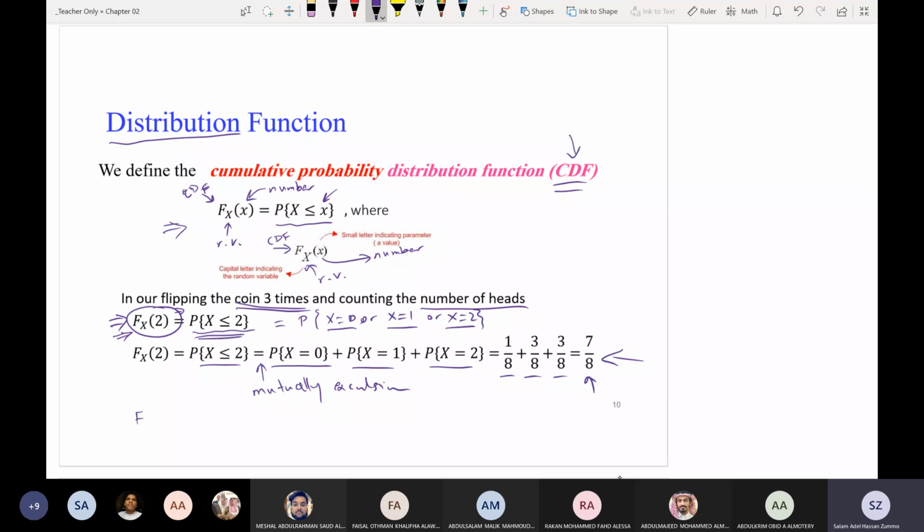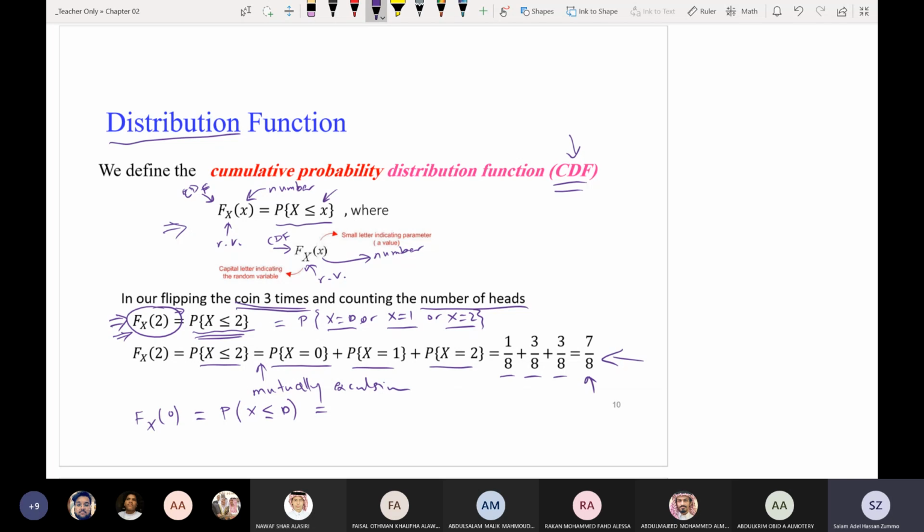What about F_X of 0? It's 1/8. It's equal to the probability, always write the definition. F_X of 0 is the probability that X is less than or equal to 0.